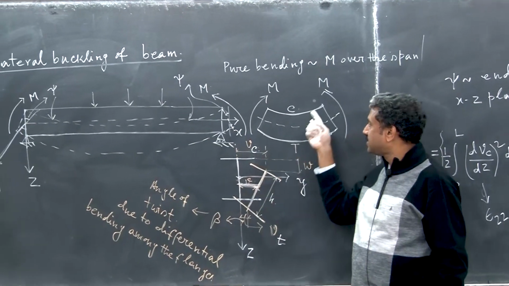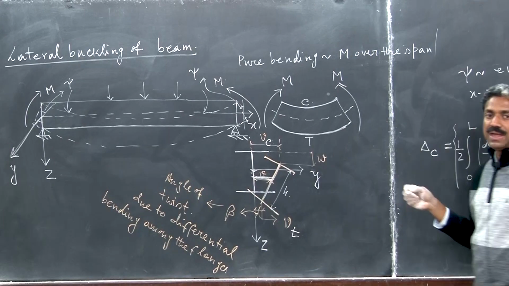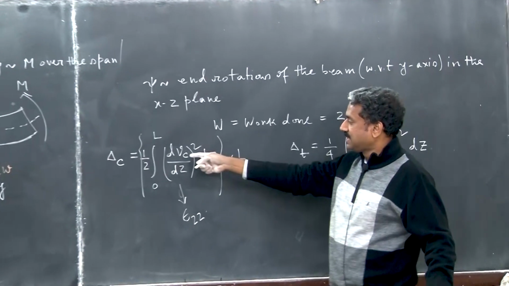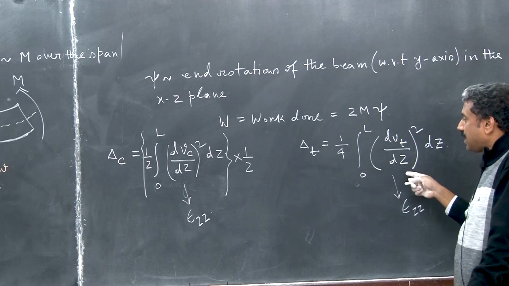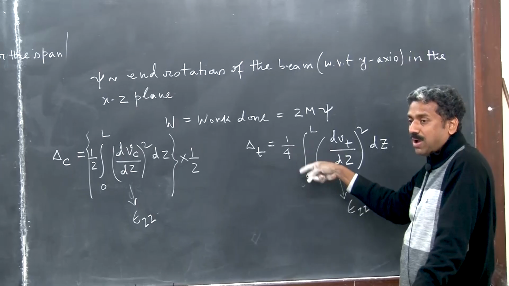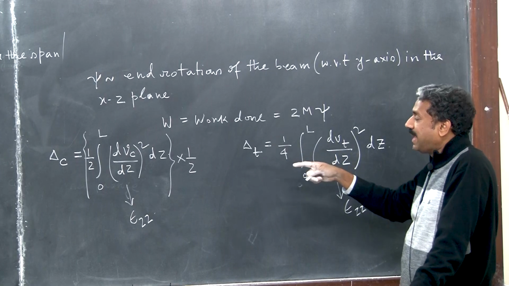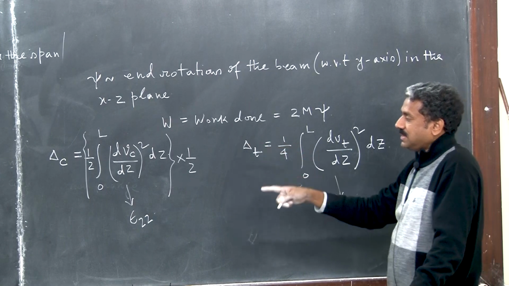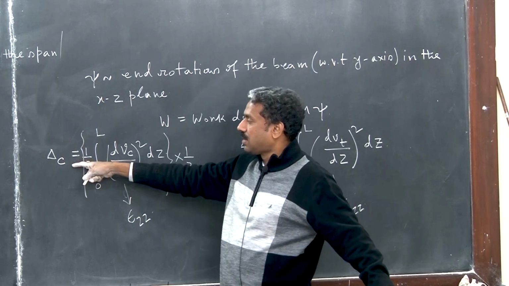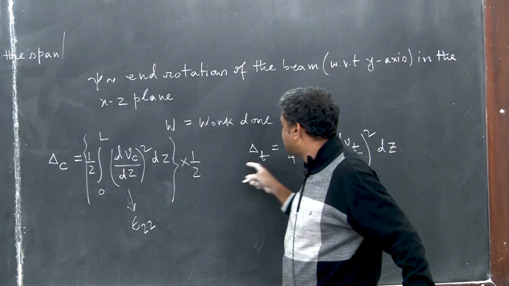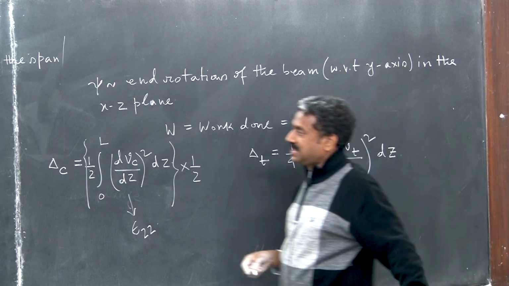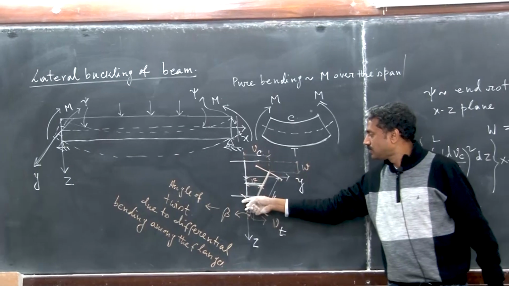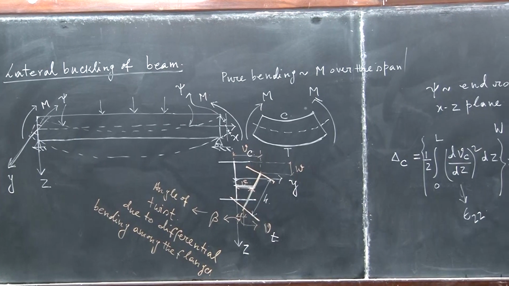So, I am considering the top fiber and bottom fiber, this is the top compression fiber, this is the tensile fiber. I am integrating the von Karman strain over half of the length. That's why 1/4, because both ends. So at one end, this is the change in length of the compression fiber, and this is the change in length in the tension fiber.